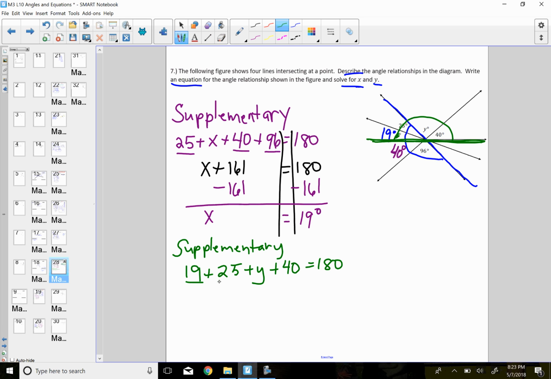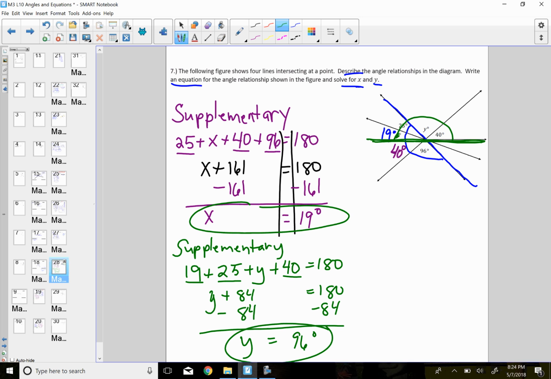If I add 19, 25, and 40 together, my calculator is going to tell me it's 84 degrees. So y plus 84 equals 180. I'm going to take away 84 on both sides, and y equals 96 degrees.